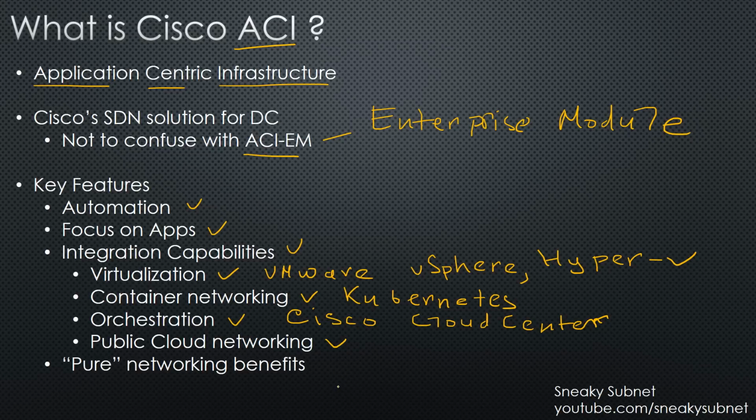And of course, ACI has pure networking benefits if you compare it with other DC solutions. An example of a pure networking benefit, in my opinion, is VXLAN, which is used by ACI, versus an old technology such as FabricPath.